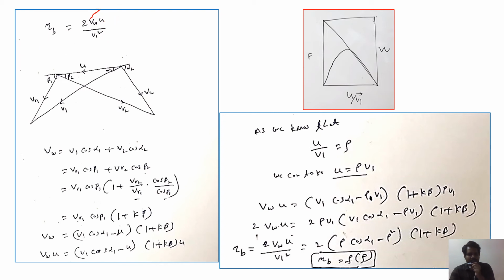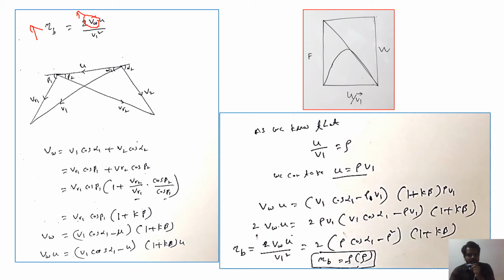From this equation we can understand that by reducing the V1 value we can increase the efficiency. But here V1 is the velocity of the steam, that is constant, we cannot change. The other term is Vw. By increasing the Vw we can increase the efficiency.